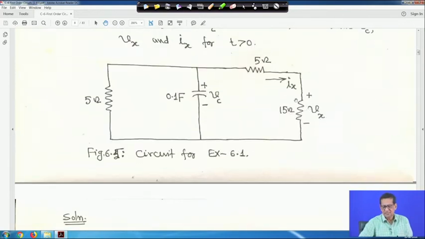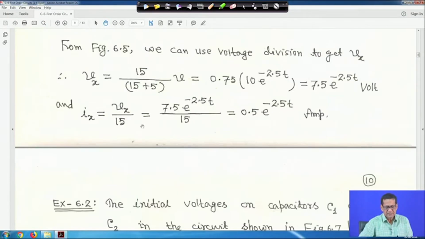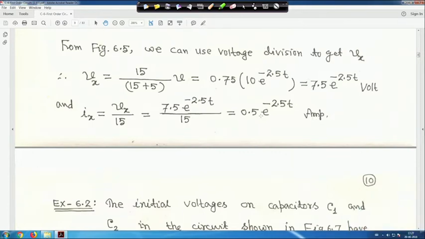So, naturally we can take Ix is equal to Vx by 15. So, Vx we have got. So, it will be 7.5 e to the power minus 2.5 t upon 15, which is equal to 0.5 e to the power minus 2.5 t ampere. This is your Ix, right. This is the answer, all answers we have got.